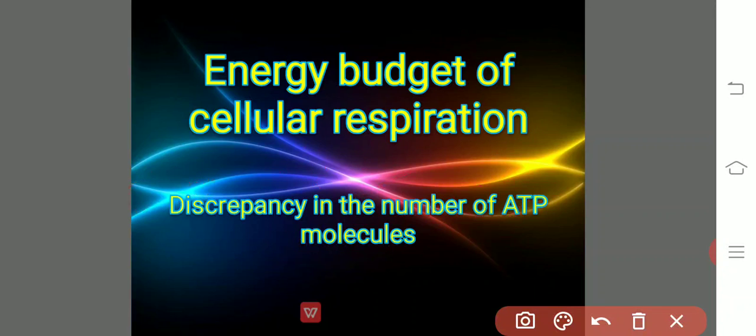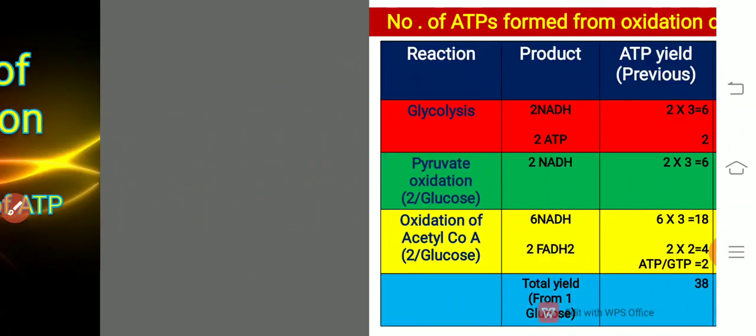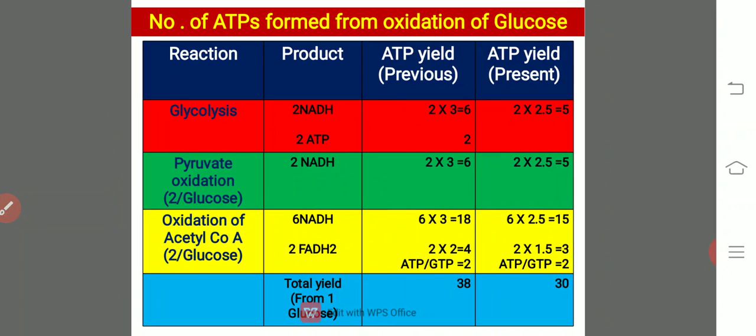So let us see the discrepancy in the number of ATP molecules between the old, previous calculation and the new calculation. Here we are seeing the reaction product and ATP yield, previous and present, according to the chemiosmosis theory.